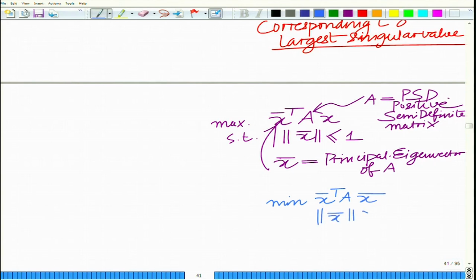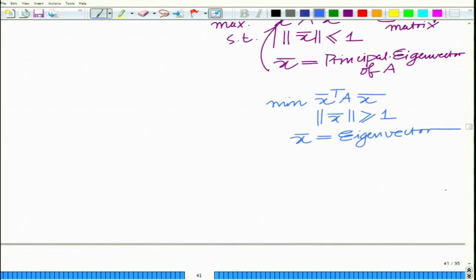Of course, this is not convex, in the sense that the constraint is not convex. Then x bar equals the eigenvector corresponding to the smallest eigenvalue.